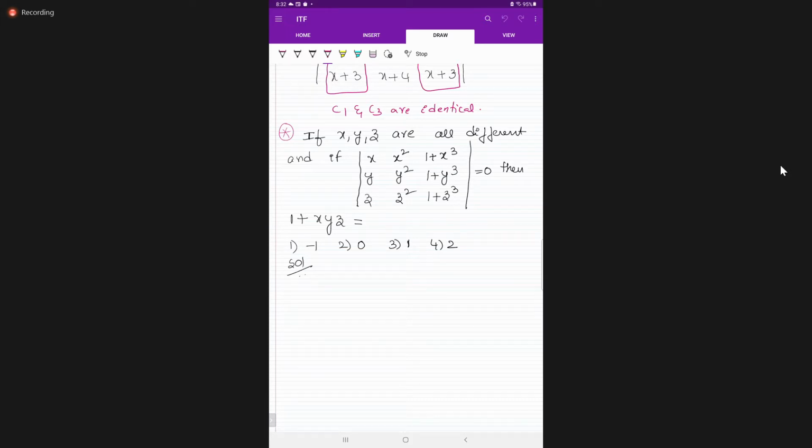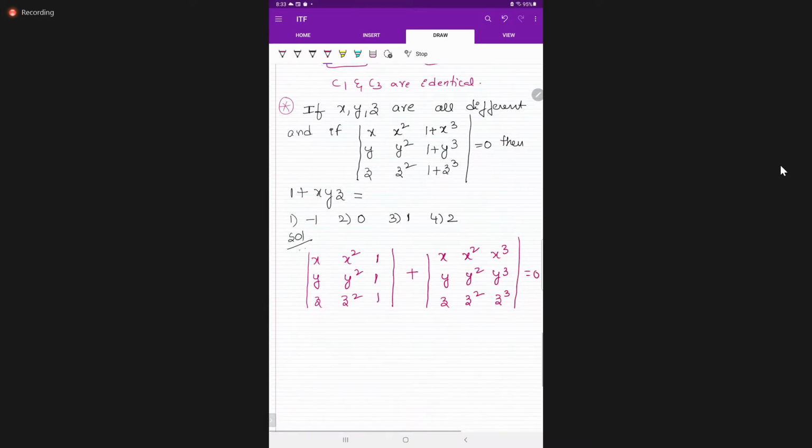Now, this can be written as the determinant of x, x square, 1; y, y square, 1; z, z square, 1 plus the determinant of x, x square, x cube; y, y square, y cube; z, z square, z cube, which is equal to 0.